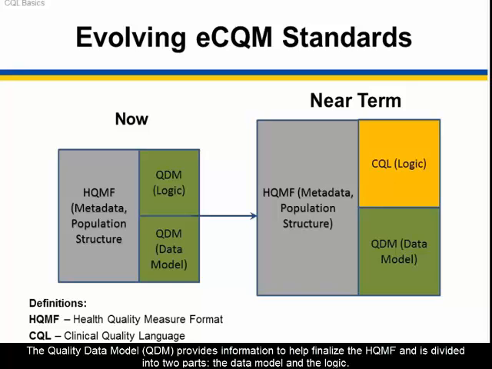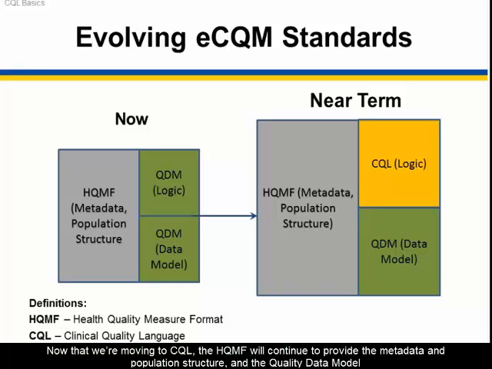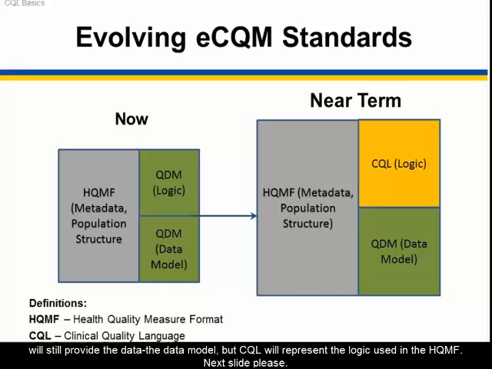The Quality Data Model, QDM, provides information to help finalize the HQMF and is divided into two parts, the data model and the logic. Now that we're moving to CQL, the HQMF will continue to provide the metadata and population structure, and the Quality Data Model will still provide the data model, but CQL will represent the logic used in the HQMF.